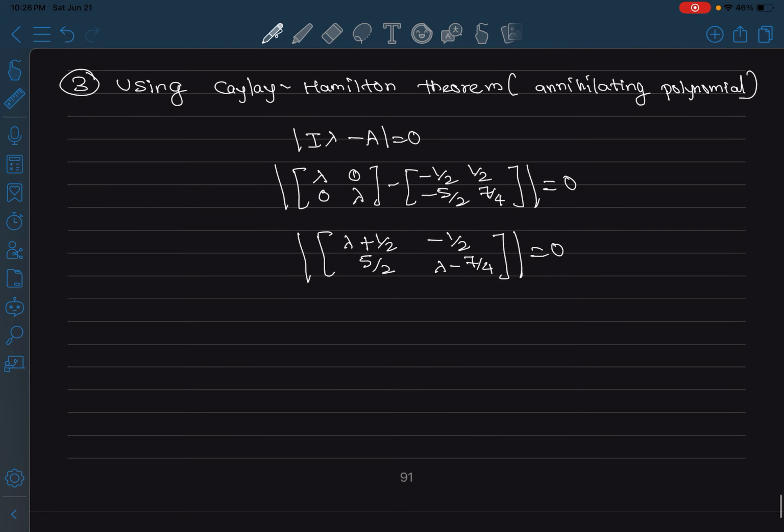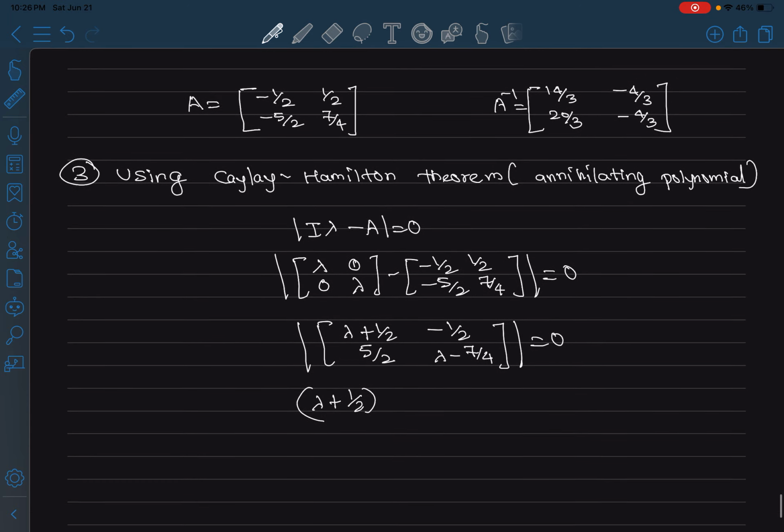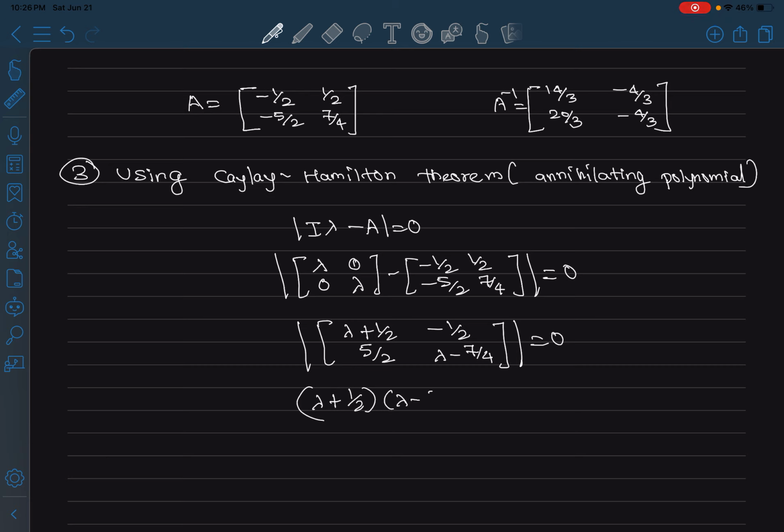So now if I take the determinant, this will be lambda plus half times lambda minus 7/4, minus 5/2 times negative half. Okay, wait, just a second. I don't think that's a problem.